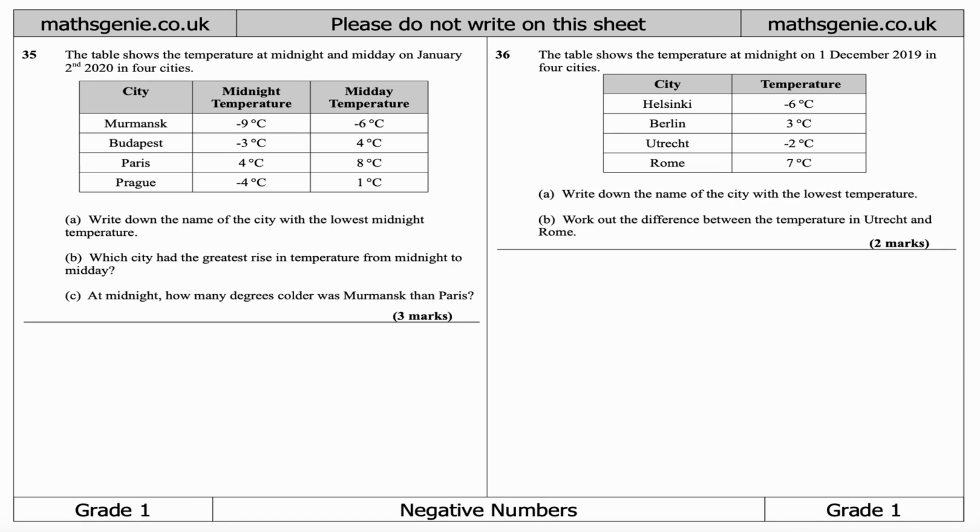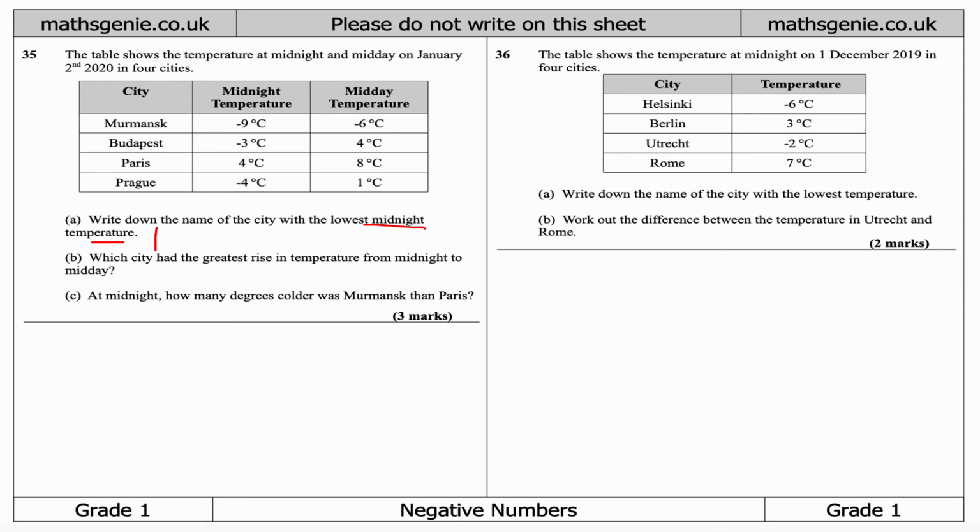Question number 35. The table shows the temperature at midnight and midday on January the 2nd, 2020 in the 4 cities. City, midnight temperature, midday temperature. Part A. Write down the name of the city with the lowest midnight temperature, so the smallest one.